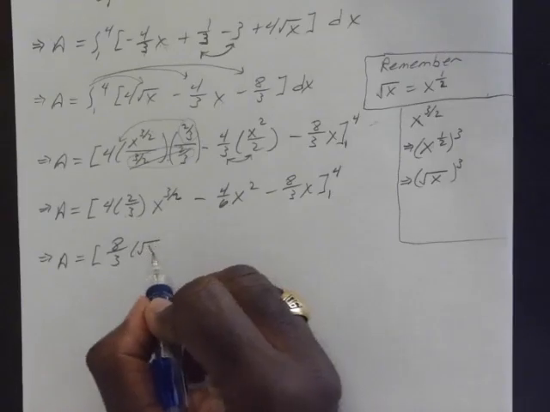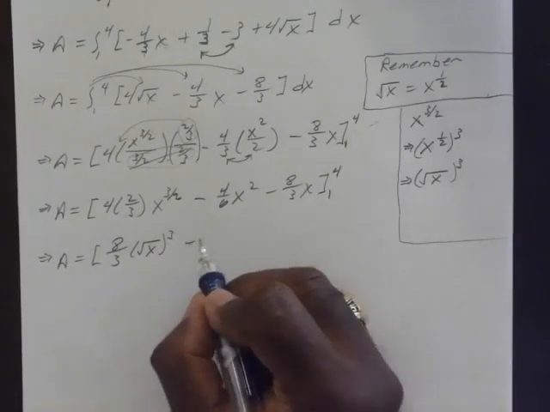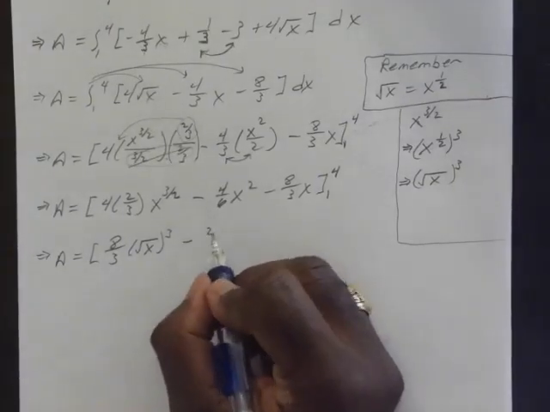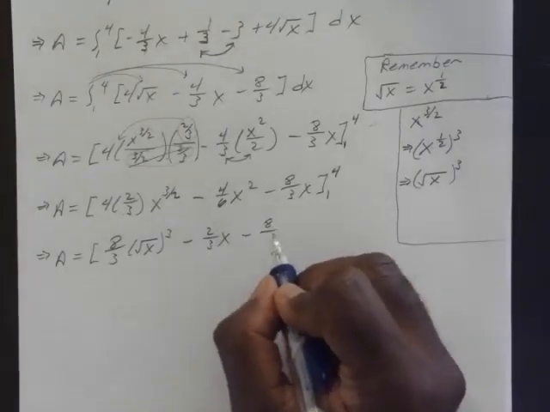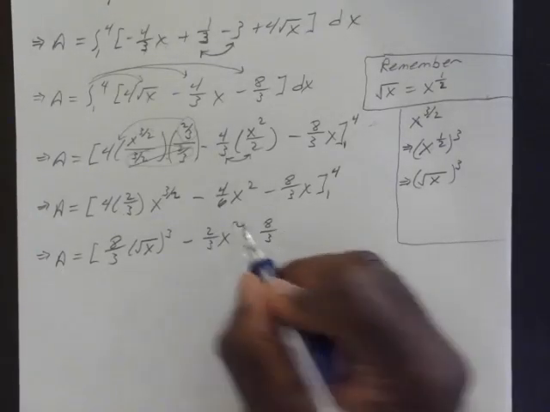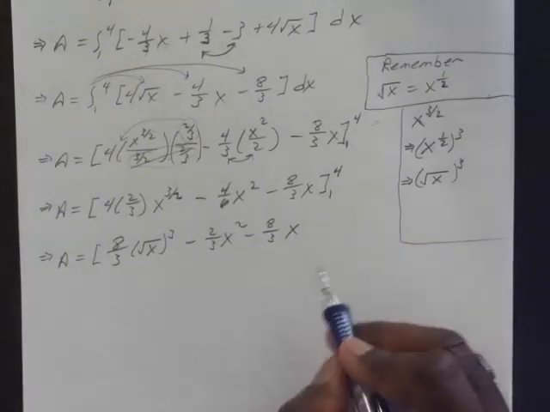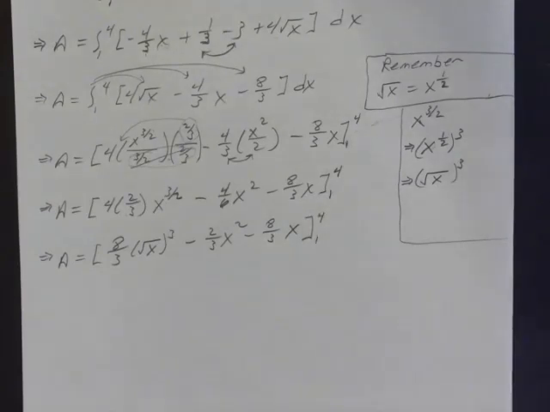So that's times the square root of x cubed. That 4 over 6, we can simplify to 2/3 x squared, minus 8 over 3 x, from x equals 1 to x equals 4.